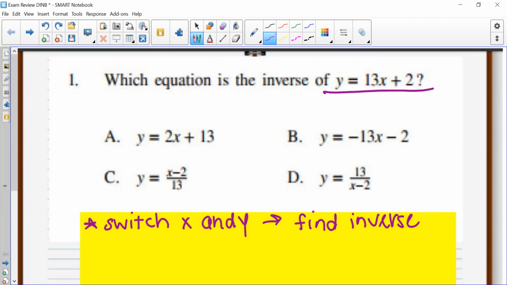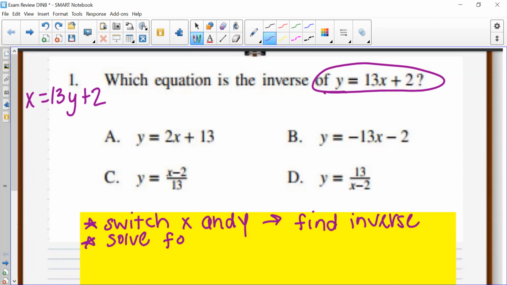So if we do that with the equation they gave us, we switch x and y, x equals 13y plus 2. And then the second thing we do after you switch x and y, you solve for the new y. And then that's your answer.